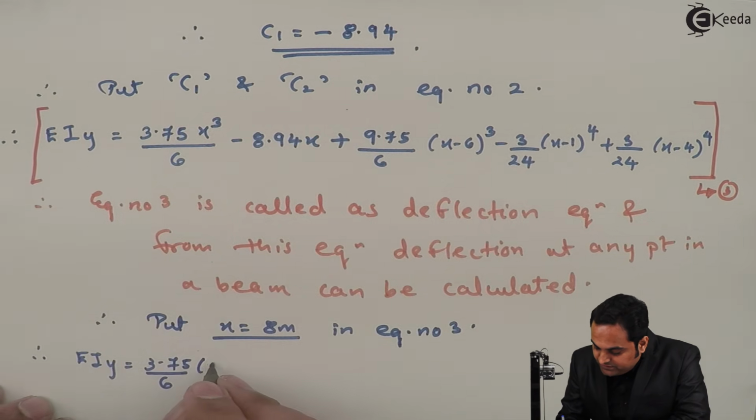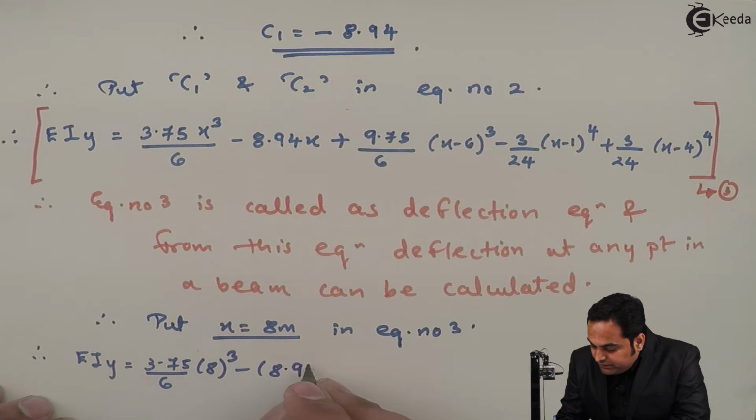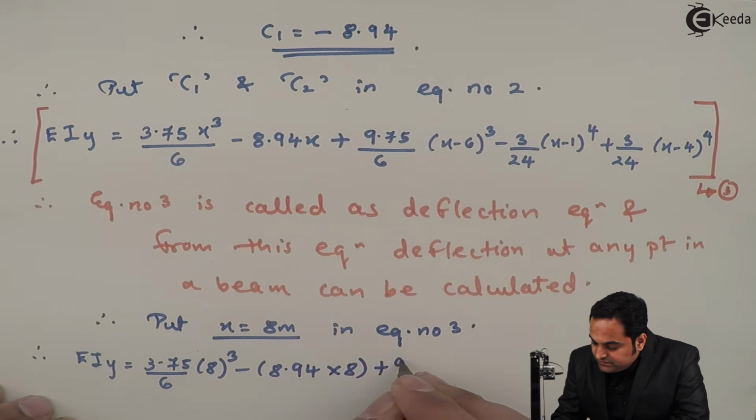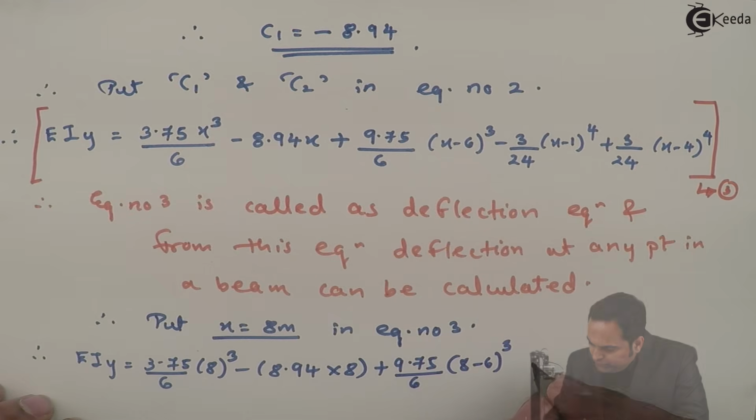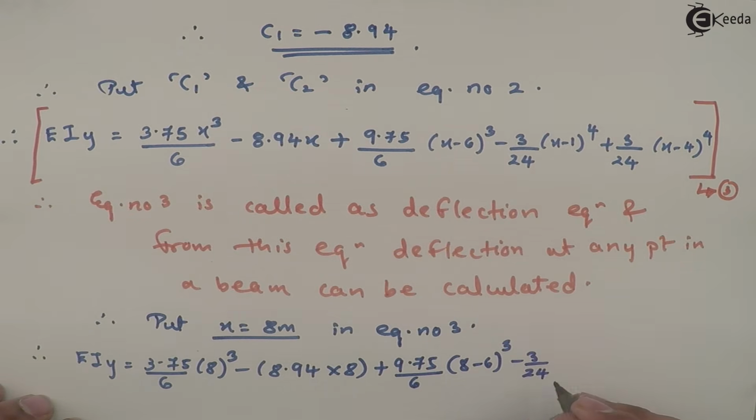Here in place of x I'll write down 8, so 8 cube minus 8.94 into 8, plus 9.75 by 6 into 8 minus 6 whole cube, minus 3 by 24 into 8 minus 1 raised to the power 4, plus 3 by 24 into 8 minus 4 raised to the power 4.